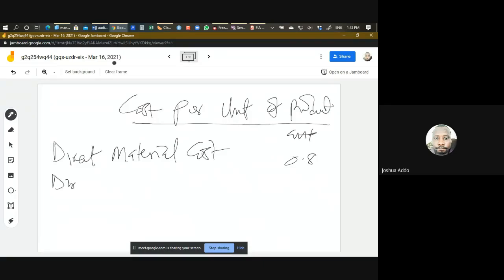Then direct labor. Direct labor cost per unit of the product. So let's say that is 1 Ghana cedi. Direct expenses per unit of the product. Let's say that is also 1 cedi.